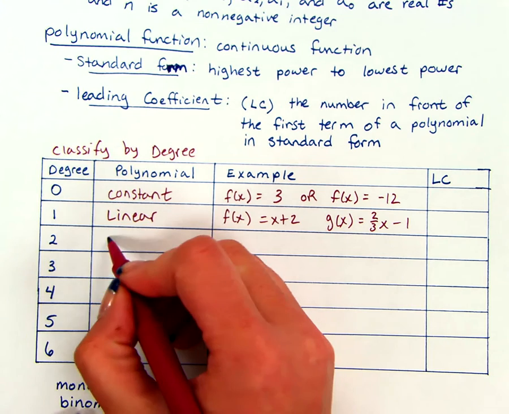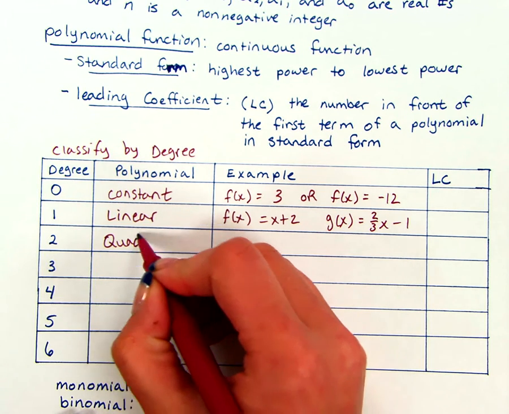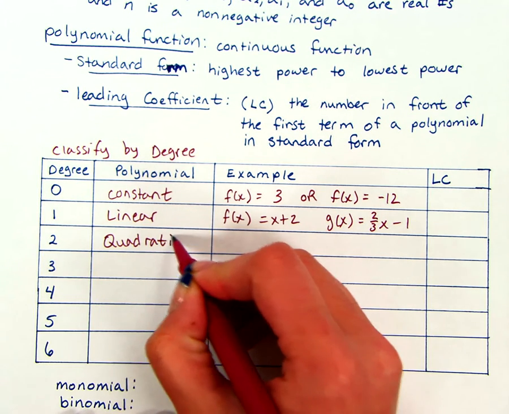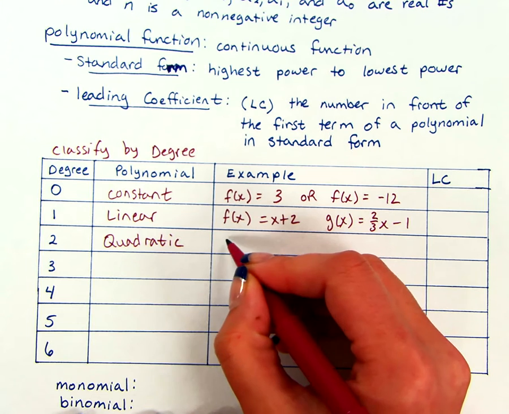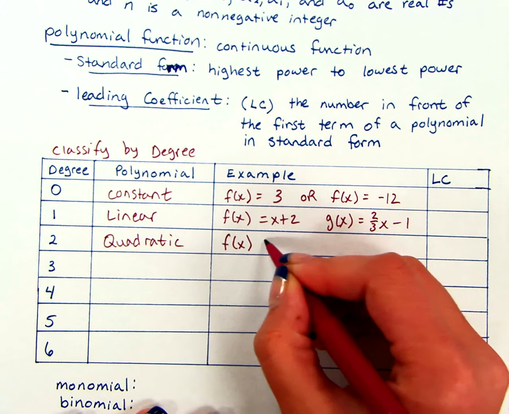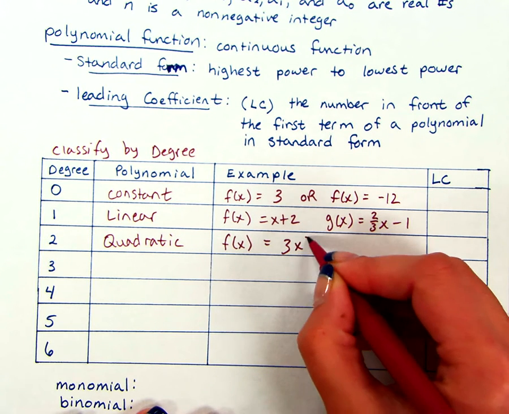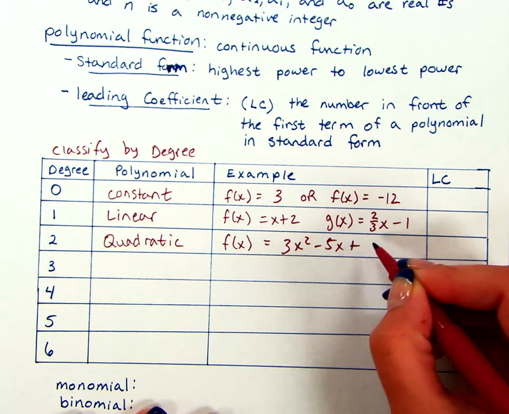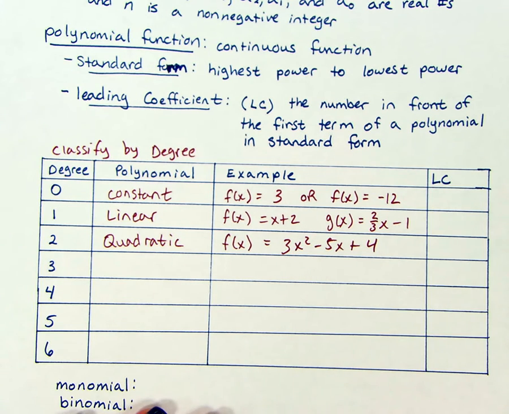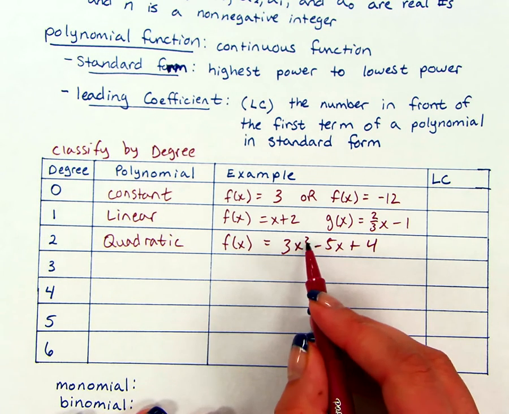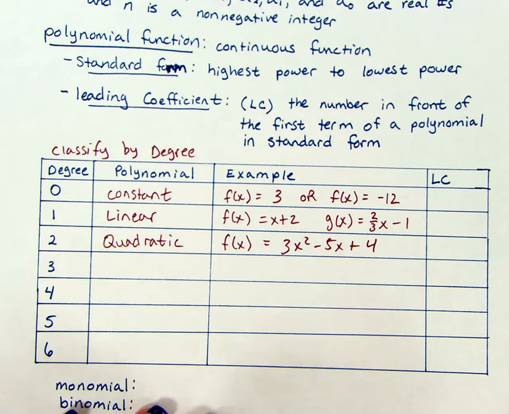Degree of 2, that's a quadratic. An example would be f of x equals 3x squared minus 5x plus 4. The highest power is the 2, so that's how we classify it as a quadratic.